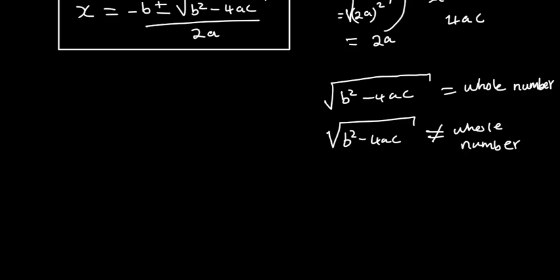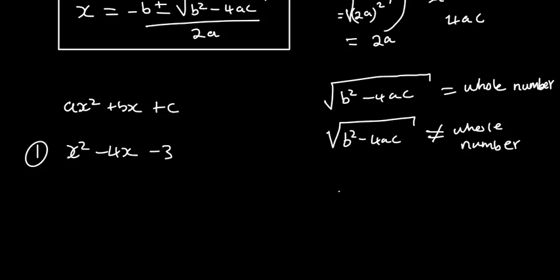Our expression said x squared minus 4x minus 3. So obviously I know that this has a format of ax squared plus bx plus c.